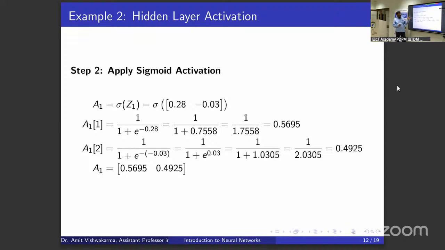In this example, the weight matrix, I randomly picked just for illustration. So this 0.6, 0.2, all these things. But the transpose operation, why am I doing transpose?